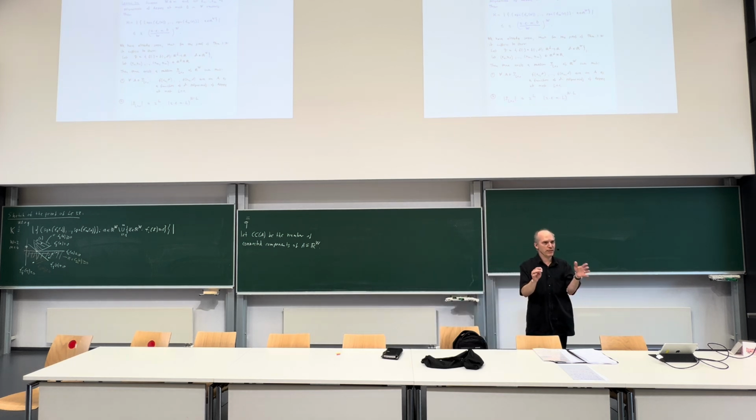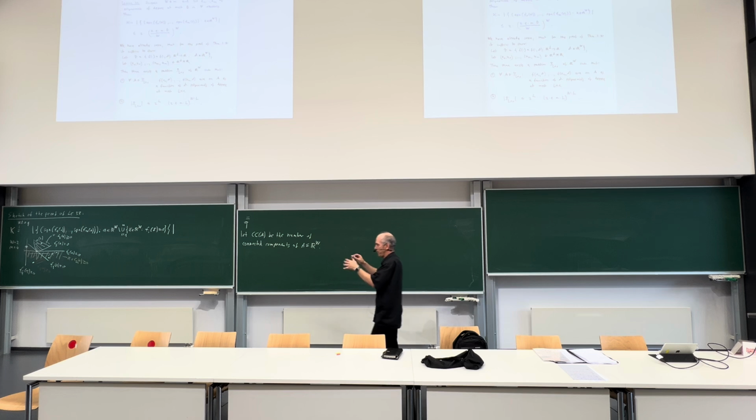Connected components means it's a maximal set, maximal with respect to the subset relation, such that for each 2 points in this set you can find a curve which starts in the first point, ends at the second point, goes throughout this set all the time, and is continuous.